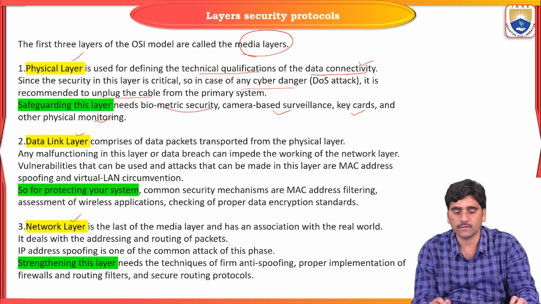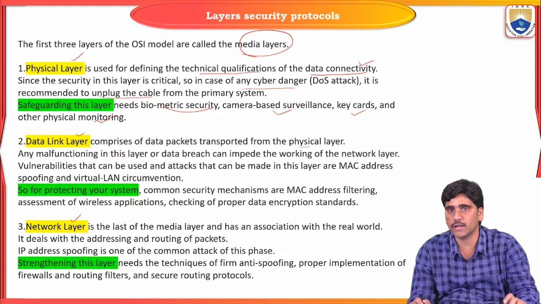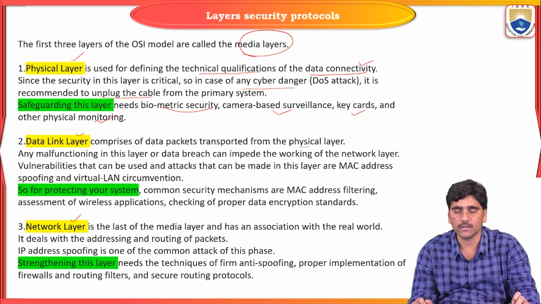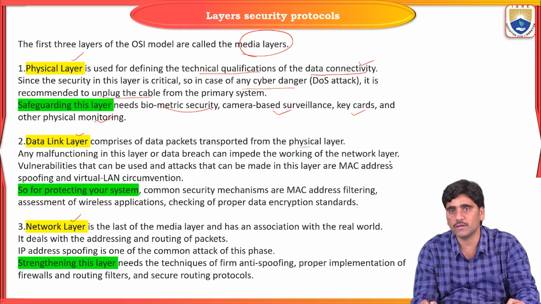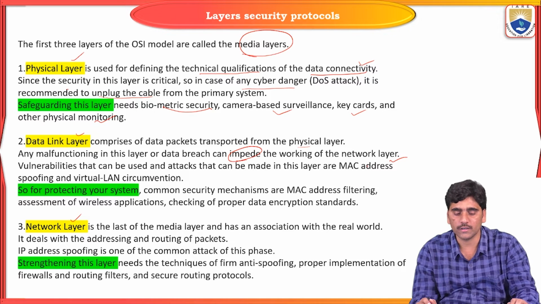And the data link layer comprises data packets transported from the physical layer. So any malfunctioning in this layer or data breach can impede the working of the network layer. Impede means interrupt the working of the network layer.